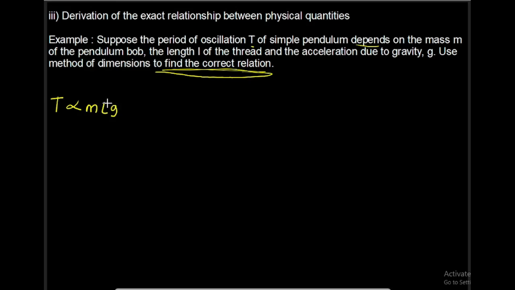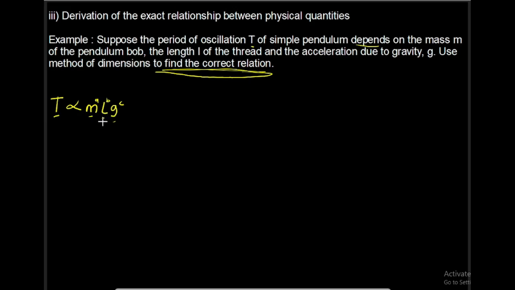So the value of those letters is what will tell us the exact relation. In this case, we can use letters a, b, and c. The value of these letters a, b, and c is what will tell us the exact relationship between period, mass, length, and gravity of a simple pendulum.